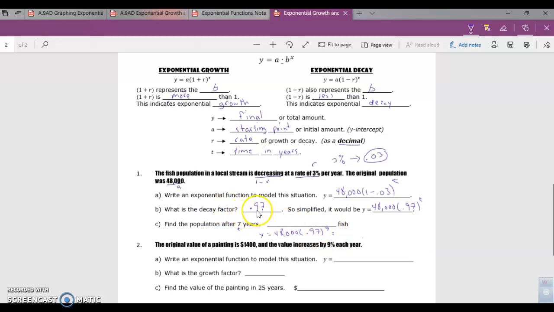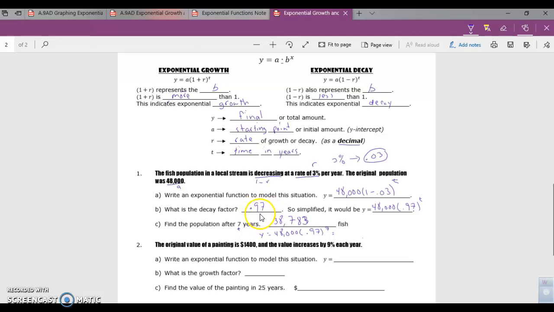And we end up with 38,783 fish. That's about 3. All right, pretty cool. Not a whole lot of fish have been lost, mostly because our rate of decay is so close to 1. It's just not dropping that much.